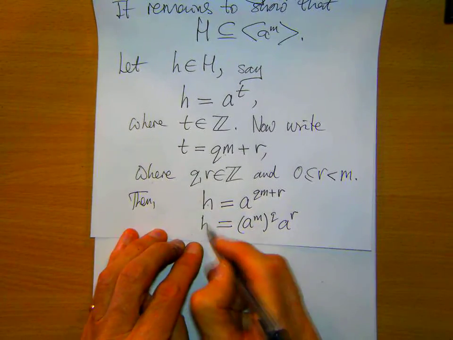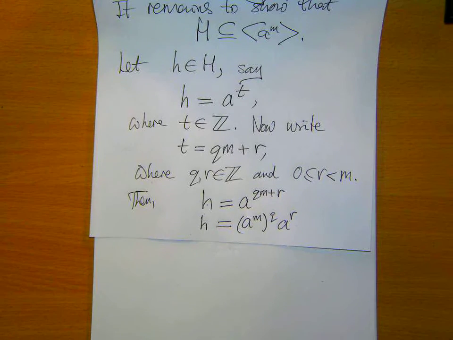I've used two different index laws there, but that should be okay. So I've first written this as a to the qm, a to the r, and then I said that a to the qm is a to the m, all to the q. So that's using index laws. Both kinds of index laws, in fact. Is that okay? So remember, the index laws are what you've been using for years, so there's no sort of voodoo going on there. It's just the index laws you've been using for years.